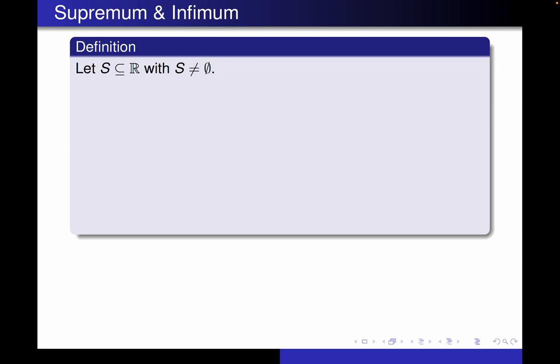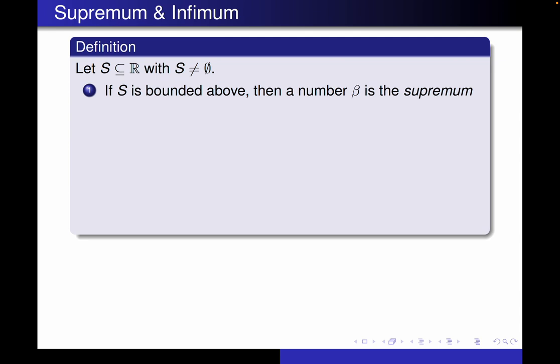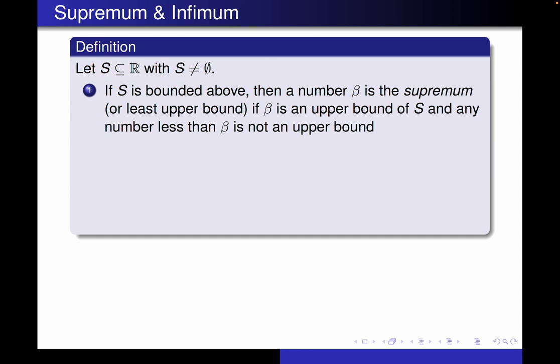If we have a subset S of real numbers and S is not empty, this does not work for the empty set. If S is bounded above, then a number beta is the supremum of S, also called the least upper bound, if beta is an upper bound of S, and any number less than beta is not an upper bound. In other words, all upper bounds are beta or higher.